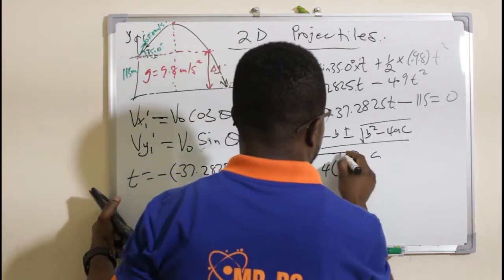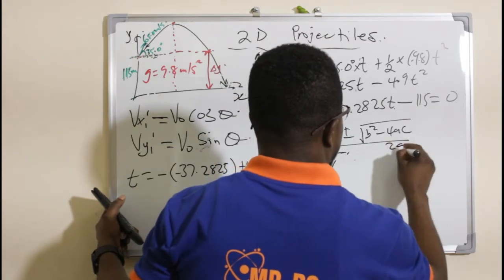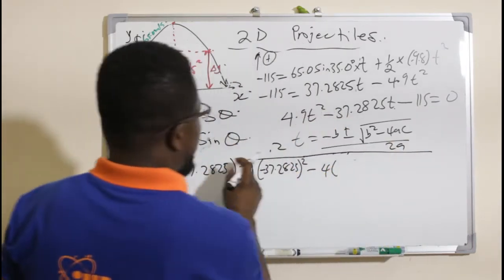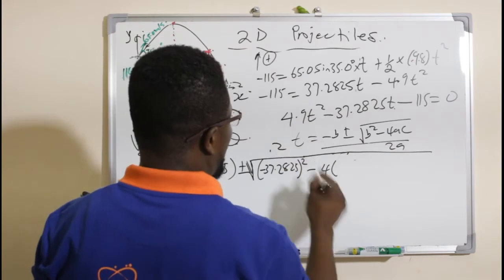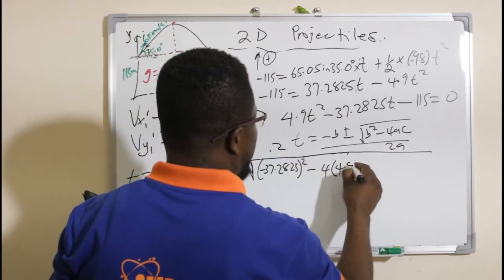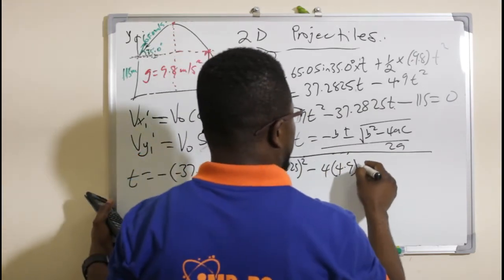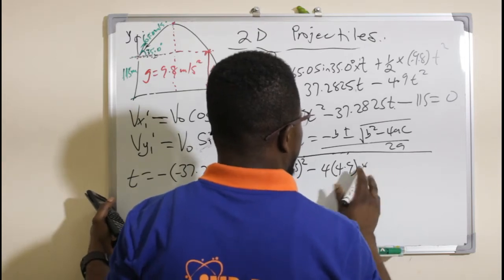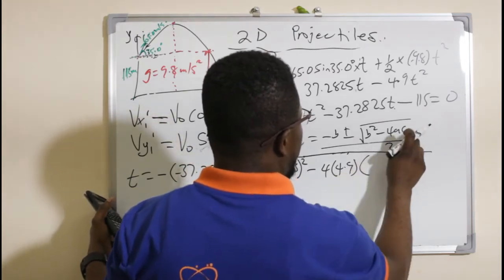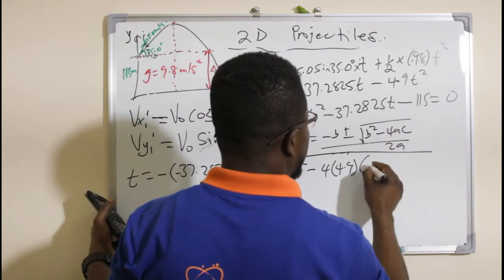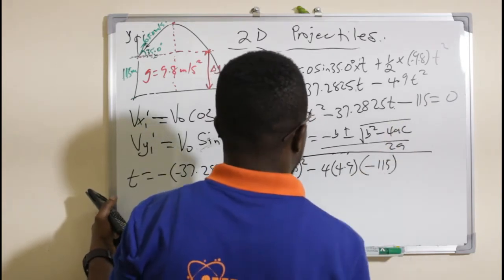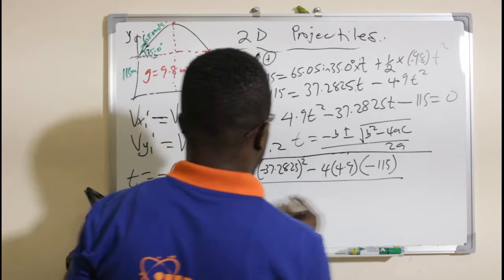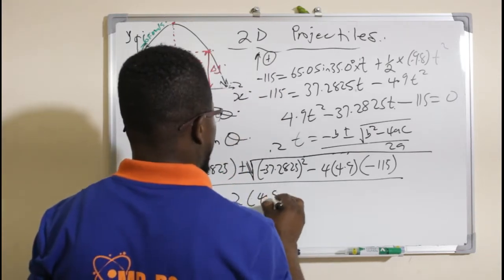What is our a? A is the coefficient of t squared, so that is 4.9. And then we multiply that by c. Our c is the constant, negative 115. And all over 2a, which is 4.9.